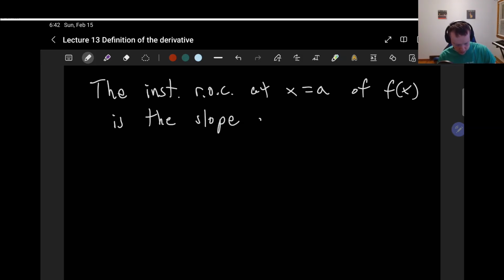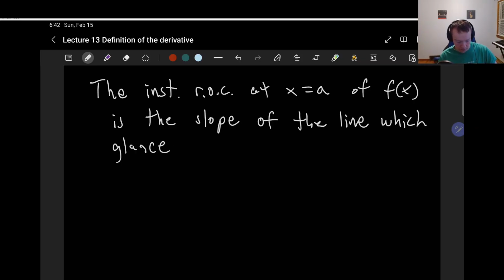It is the slope of the line which glances, just touches at one point. It just glances the function at x equals a. And the idea behind this is that it tells us how fast the function is increasing or decreasing.